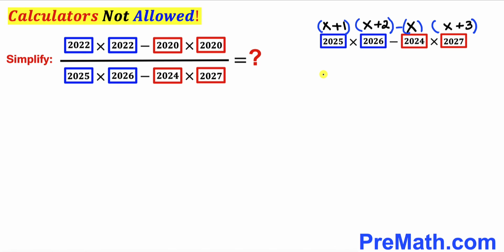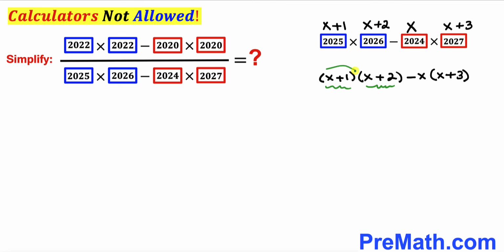So therefore we got this expression: x plus 1 times x plus 2 and then minus x times x plus 3. And now we are going to multiply these two factors by double distribution.